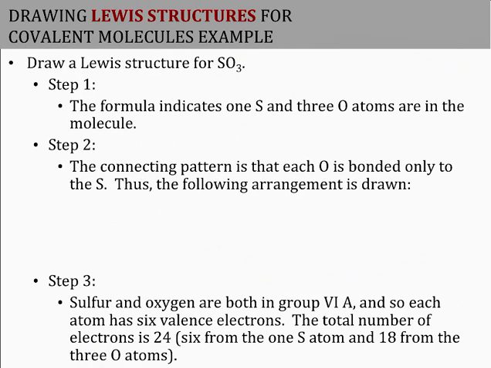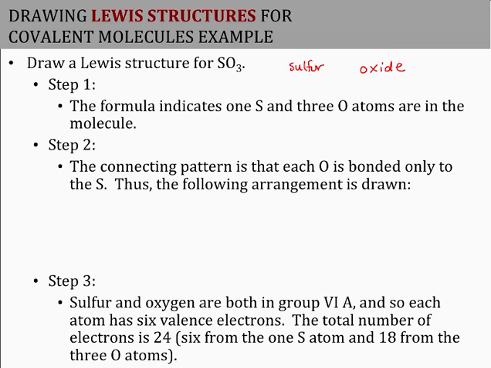So let's go over an example. This time we're going to draw the Lewis structure for SO3. Now remember, if we're naming covalent compounds, we start with the first nonmetal, which is sulfur, and then we follow that with the second nonmetal, but we're only using the base name and then adding IDE.